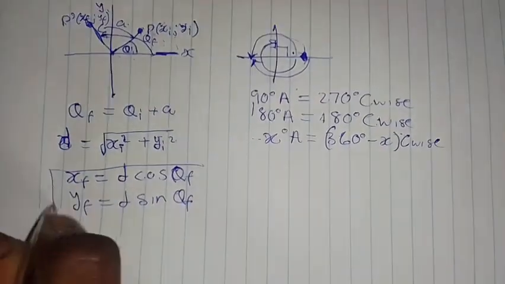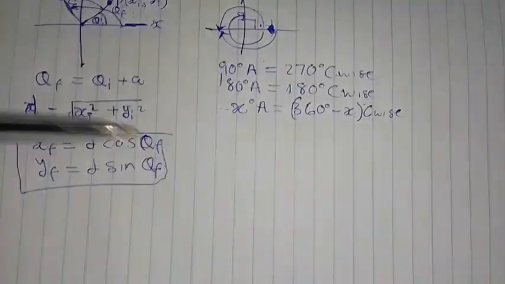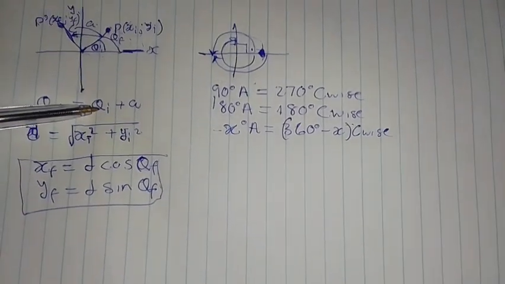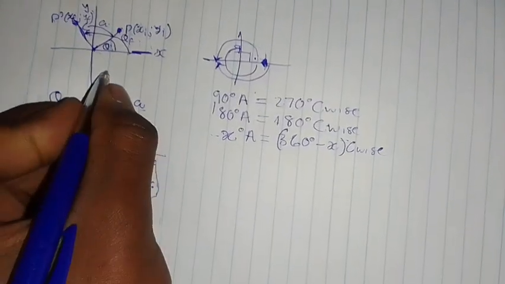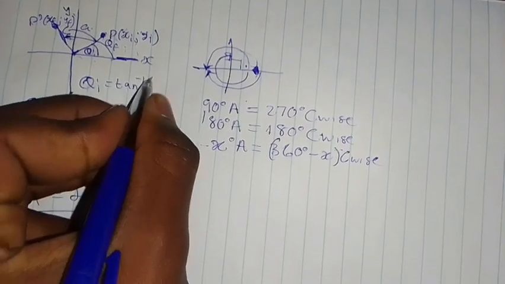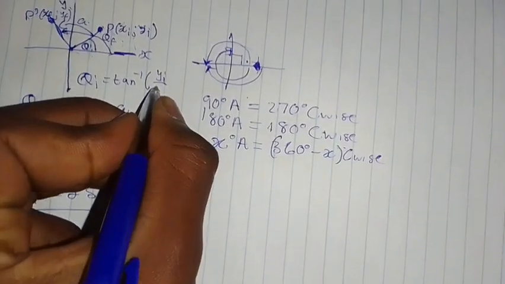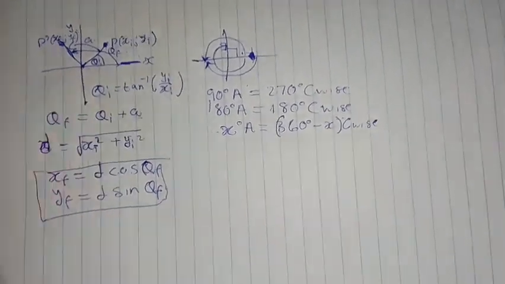Those are the formulae you need to arm yourself with, where theta final is the initial angle plus the rotational angle, and the initial angle theta i is given by arctangent of y initial over x initial.